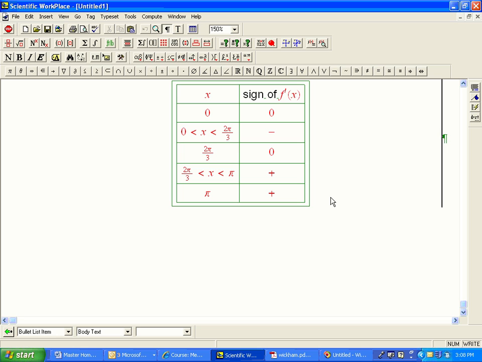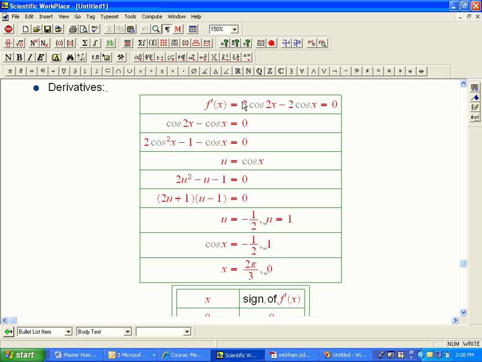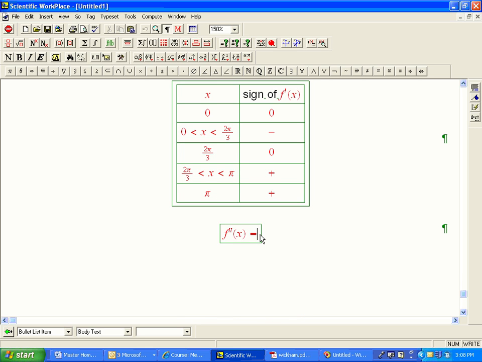Okay, we're almost done. We just need the second derivative. F double prime of x is equal to, let's see, where's f prime? Let's just copy that and modify it. Don't write that down because that's f prime. But now I'm going to get minus 4 sine 2x plus 2 sine x.